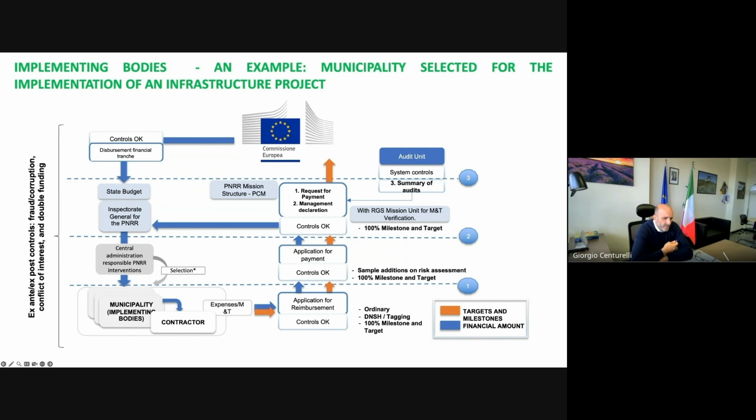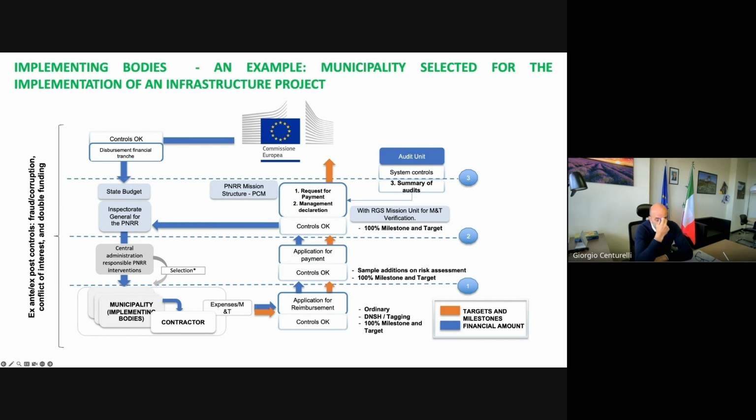Under the performance flow, the municipality starts to account the achievement of specific targets, and gives the application of reimbursement of target to the central administration.